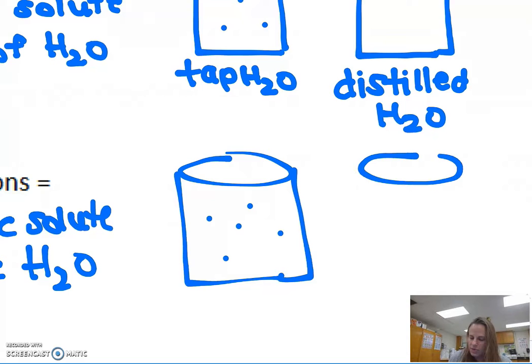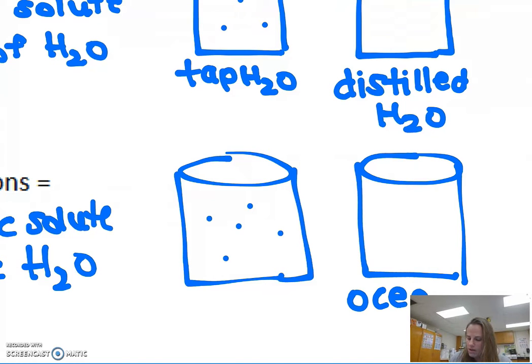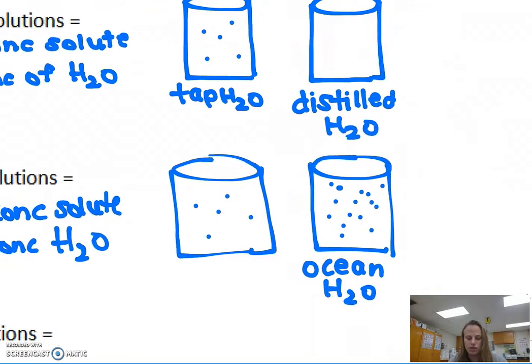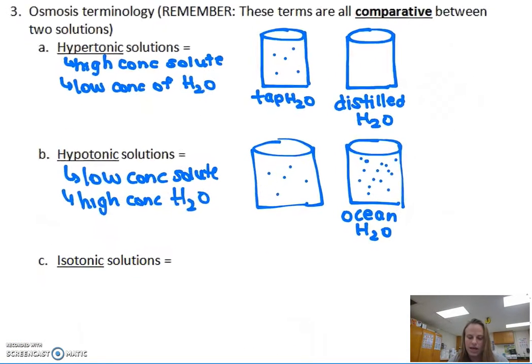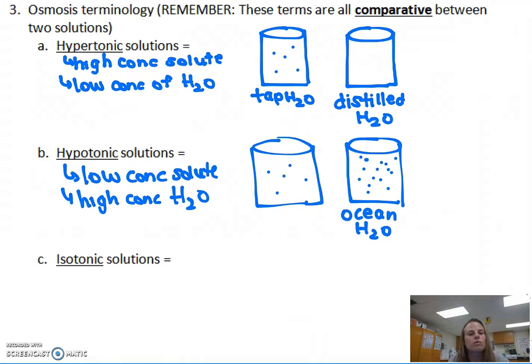But now let's compare it to a beaker of ocean water. Now, ocean water is going to be full of salt. So in this situation, now our beaker of tap water is hypotonic, whereas before it was hypertonic. So do you see how these terms are comparative? They're all relative to the situation.